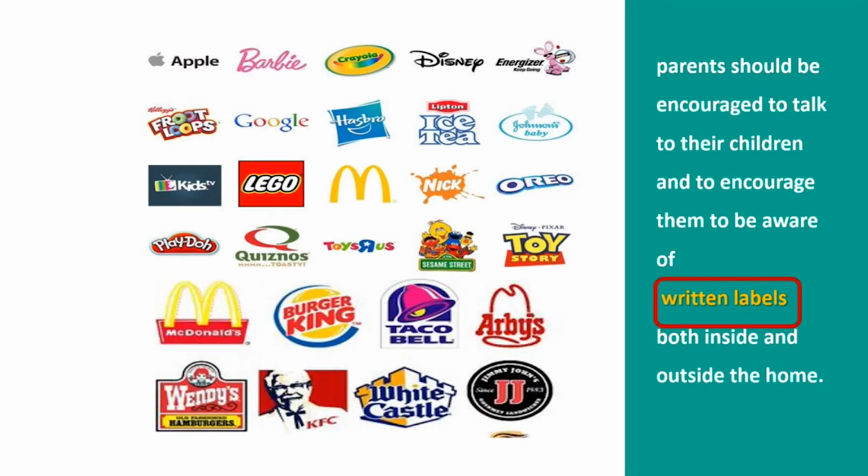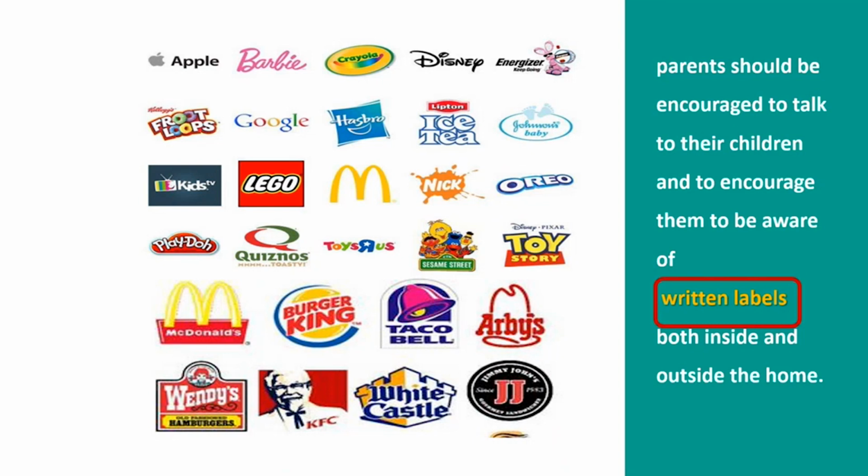As I indicated in the previous slide, children are able to interpret or read the different labels. And when they see a label, they are able to link it or read, call the name out of the label. Now, as I emphasized earlier on, parents should be encouraged to talk to their children and to encourage them to be aware of the written labels, both inside and outside the home.